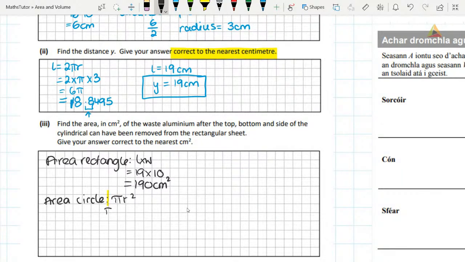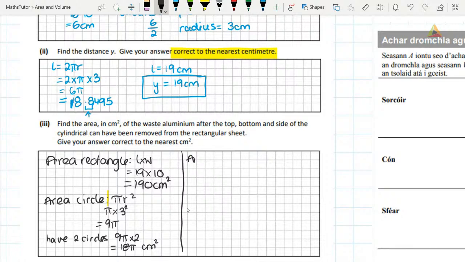And we know that our radius is 3, so we've worked that out. So I get pi r squared, which is 9 pi. And we have 2 circles. So I'm going to multiply it by 2. So 9 pi multiplied by 2 gives me 18 pi. And that's centimeters squared as well.